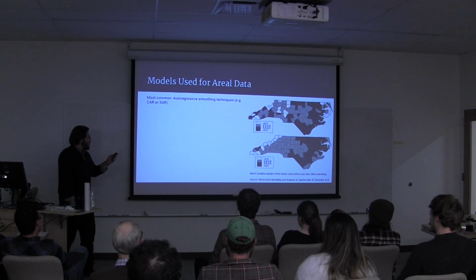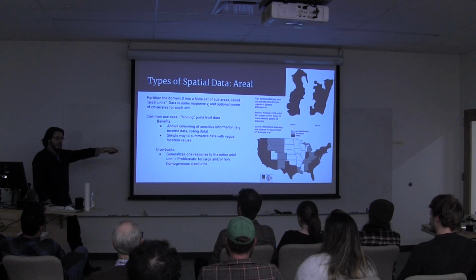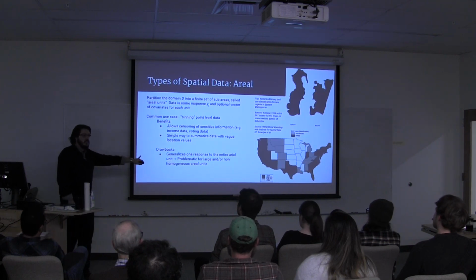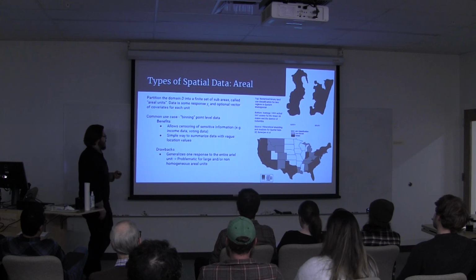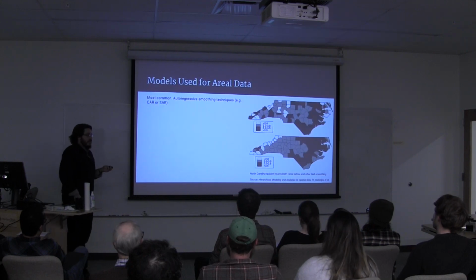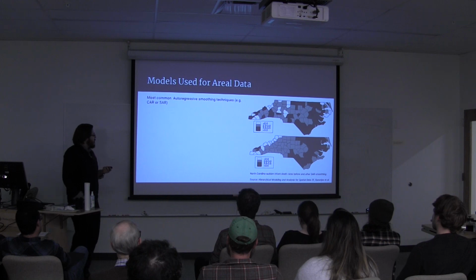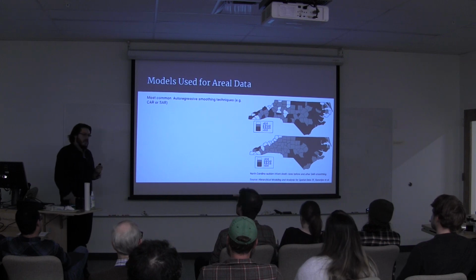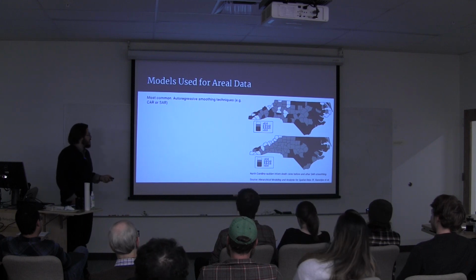Cool. So this is what the raw data looks like, right? We haven't done anything statistically to it yet. We've just represented the responses. How do we do statistics on it? Most of the statistical techniques used on areal data are smoothing techniques. The idea here being that, again, we might have spatial dependence. Things that are close to each other may behave similarly to each other.